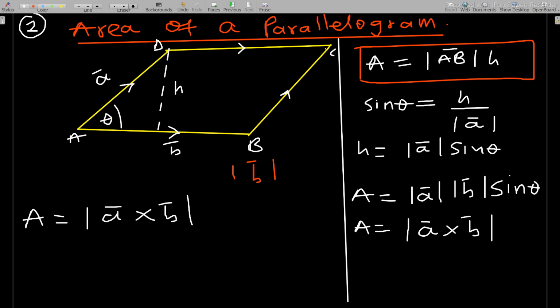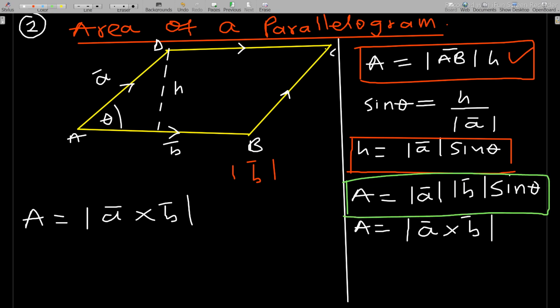So what you can do is that one too, you have to find your h. We go through the same process like we did for the triangle, and this is how h looks. Then I put h back in the main equation of the area, which is this. When I put it, I get the magnitude of a times the magnitude of b times sine theta.